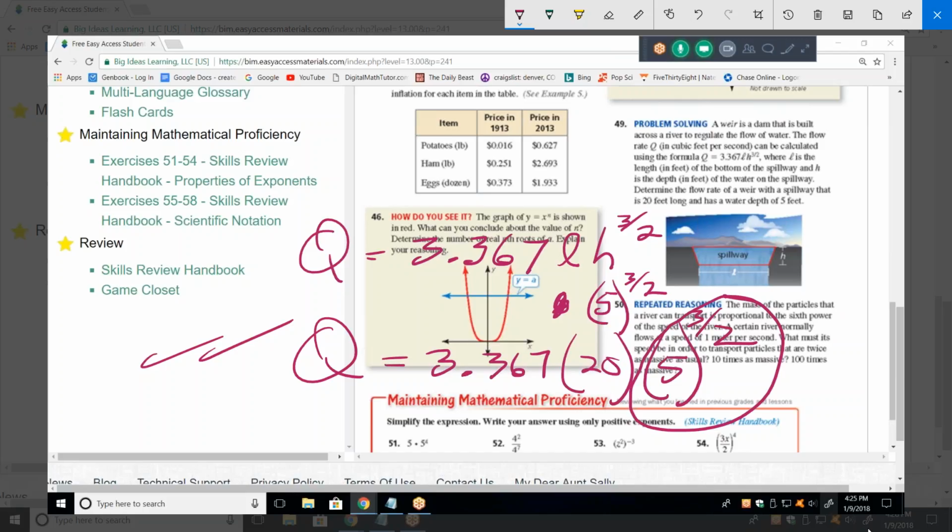Let's do it that way, just so we can be completely safe. Okay. So what do you get when you take 5 to the 3/2 power? Okay, 5. And round that off to 3 decimal places.